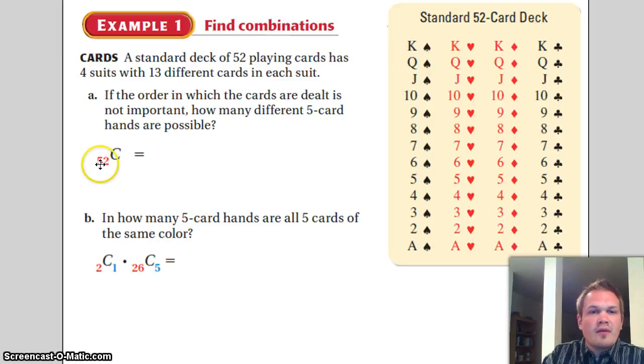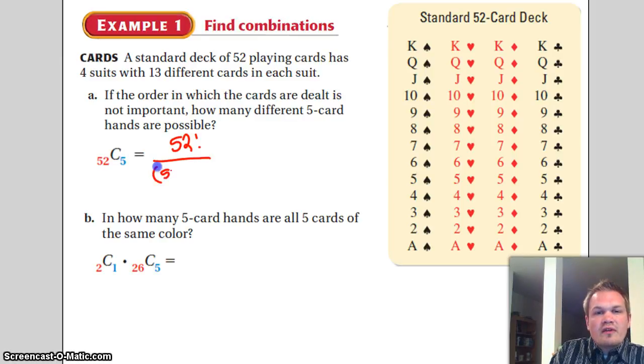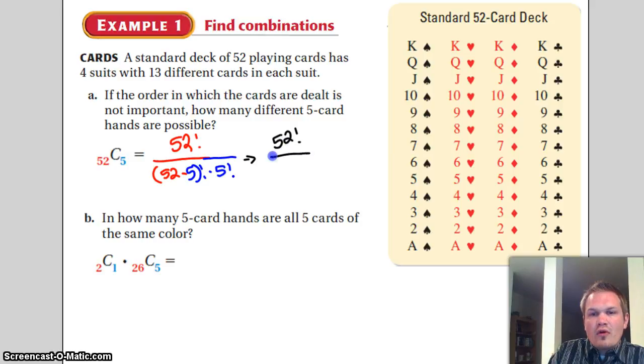So when I set this up, I have 52 cards to choose from. Order doesn't matter, so I'm using the combination formula, and I'm going to select 5 of them. When I put that into my formula, I have 52 factorial over 52 minus 5 factorial times another 5 factorial. 52 minus 5 is 47, so it's 52 factorial over 47 factorial times 5 factorial.